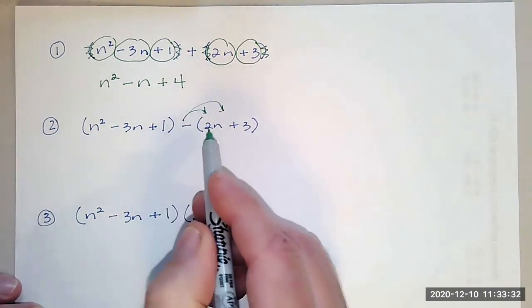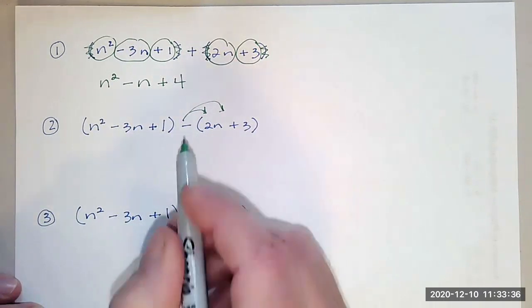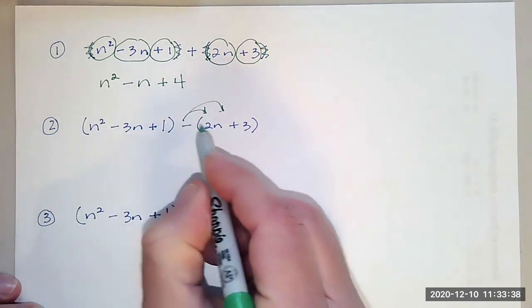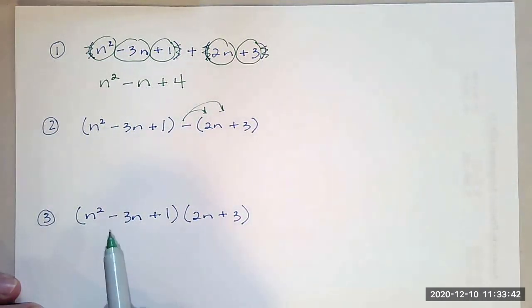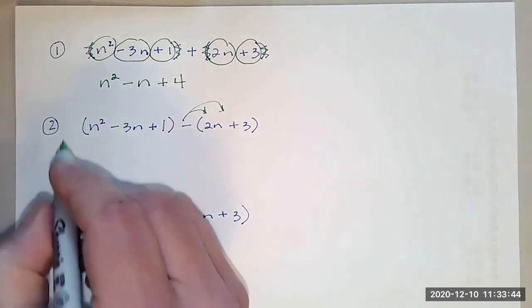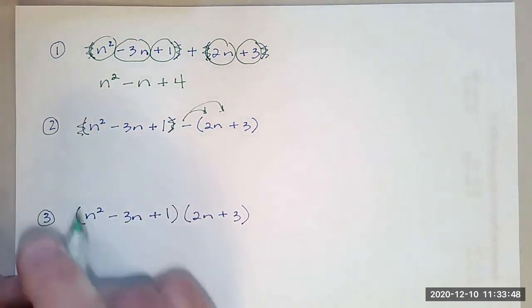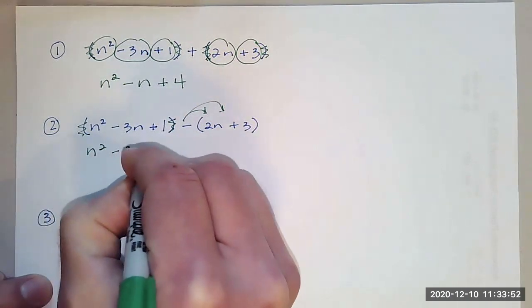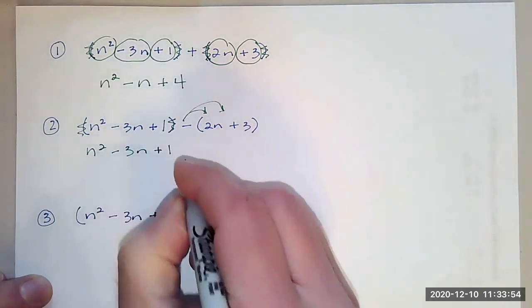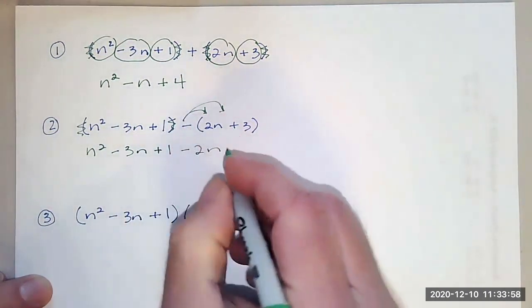You're subtracting both terms inside that parentheses, so you need to attend to this when it addresses both. So subtraction is not commutative, but we don't need the leading parentheses. So we have n squared, subtract 3n plus 1, subtract a positive 2n, and subtract a positive 3.